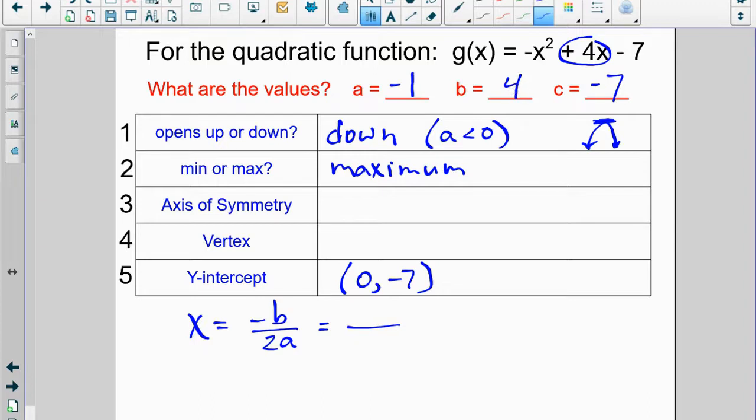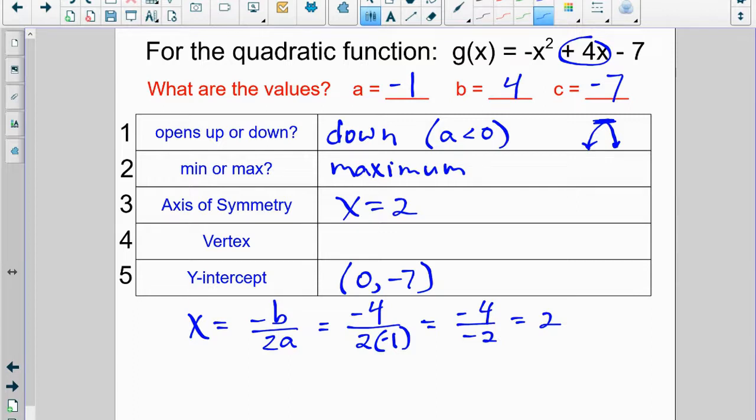So the opposite of +4 is going to be -4. In the denominator, I'm supposed to take 2 times the value of a, and we said a was -1. So we had -4 on the top. We multiply to get -2 on the bottom. And when I divide two negatives, I get a positive. So x equals 2 is my vertical line, the axis of symmetry.